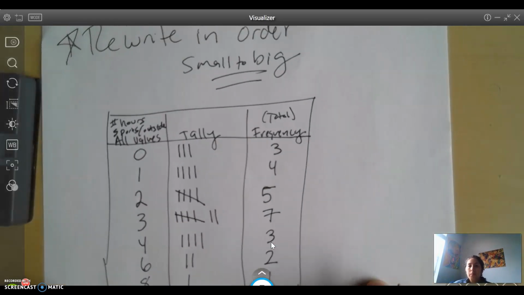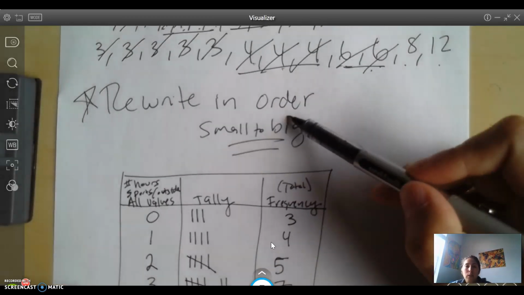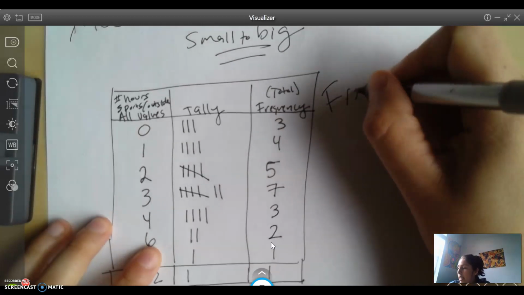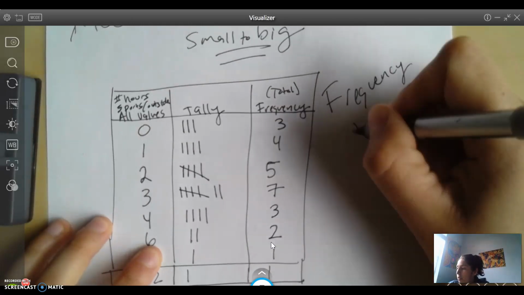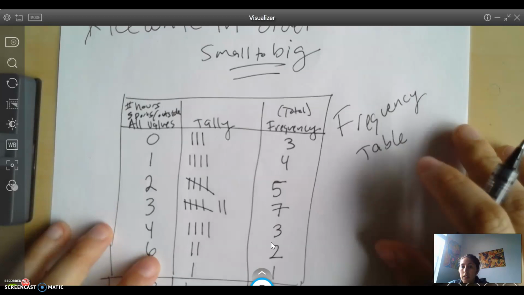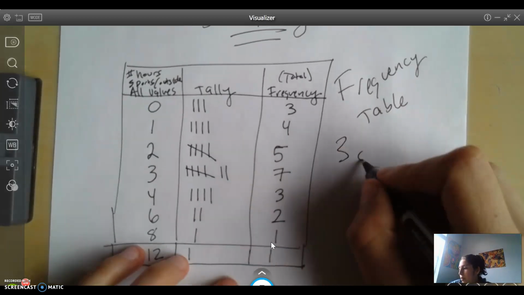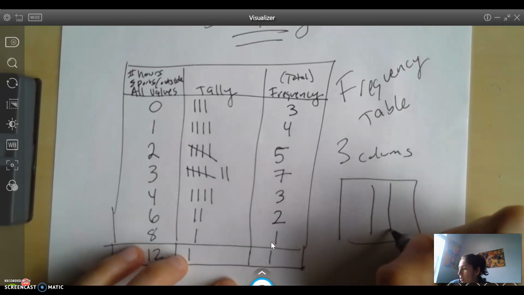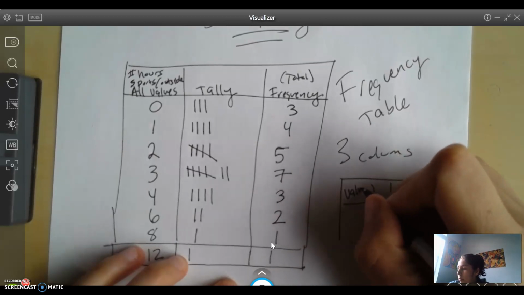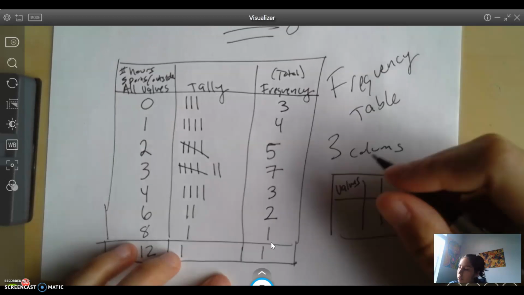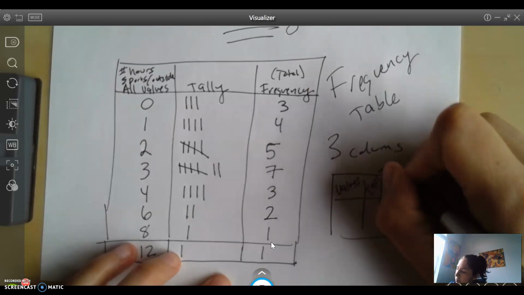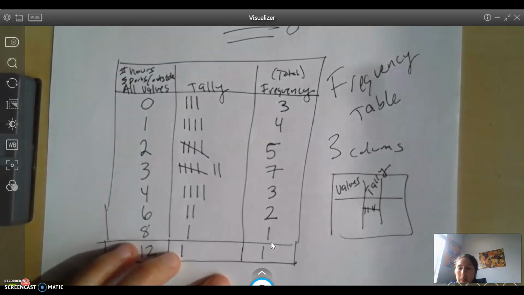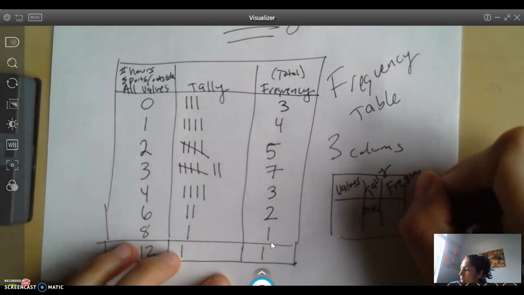Okay. So, to recap, after I rewrite my data set in order from small to big, then I create a frequency table. And the frequency table is made up of 3 columns. The 3 columns are the values, meaning my answers, the tallies, which are those sticks, and my frequency.